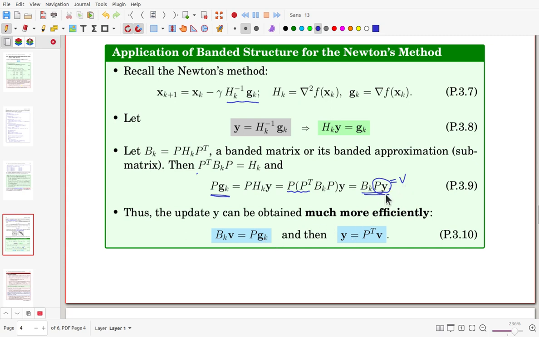Here from this equality we multiply by P transpose, then y = P transpose v. So that's one of the techniques to get this vector quite easily. Once we can get a banded, small matrix, then we can get it exactly.